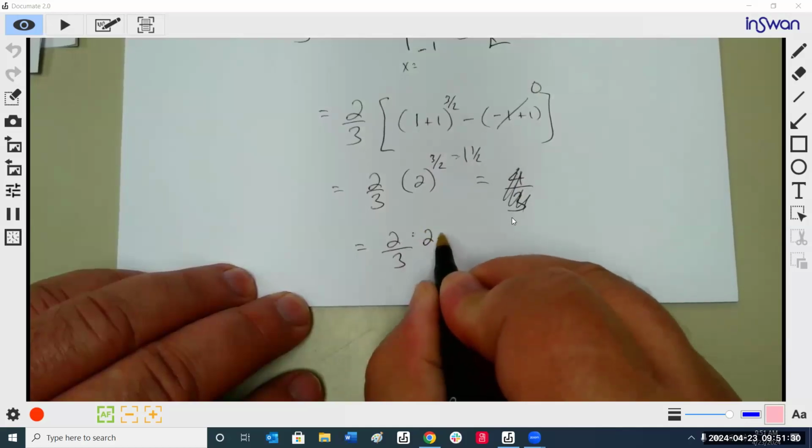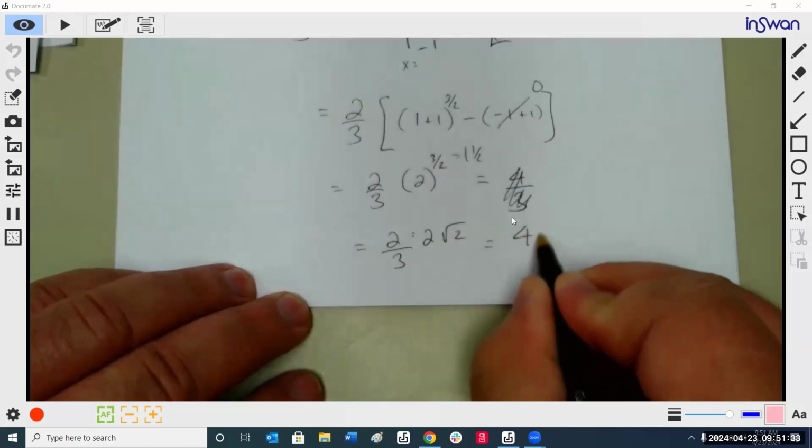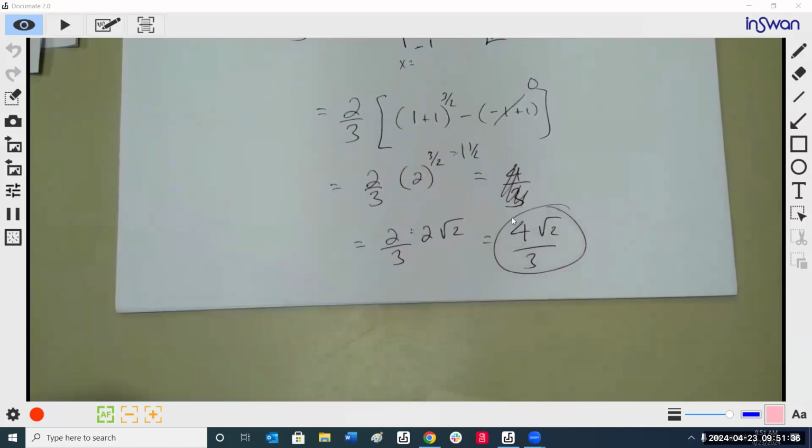So it's 2 square root of 2. So far, so good. Yeah, I forgot about the exponent, which is pretty integral, as you can see.